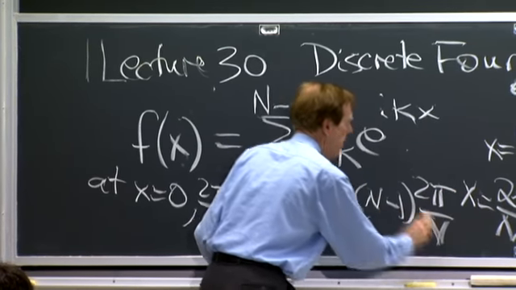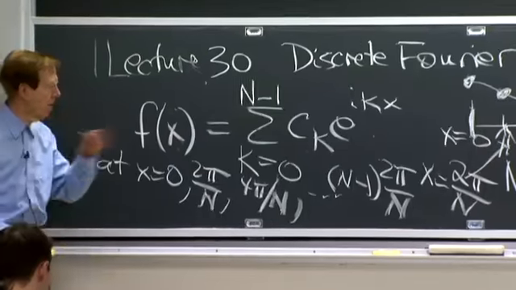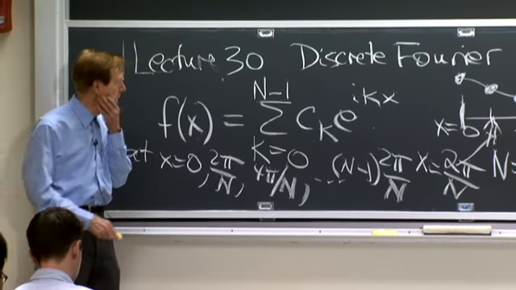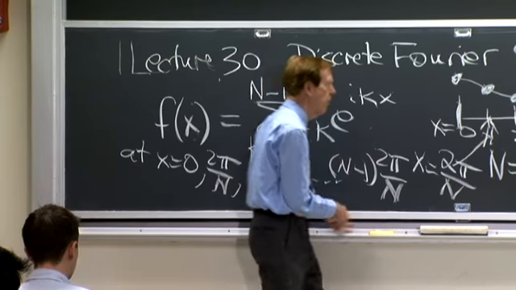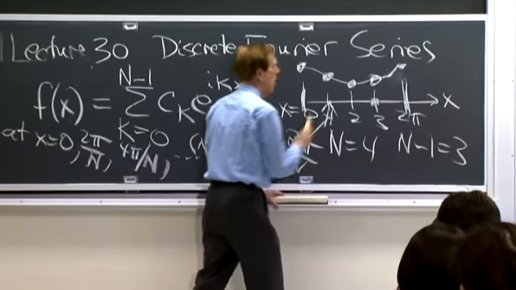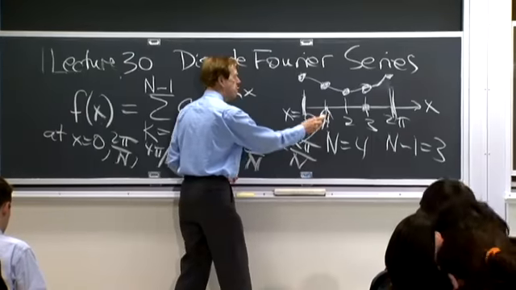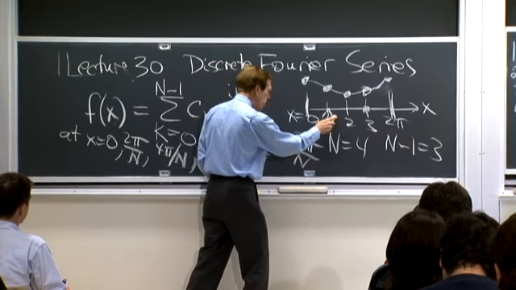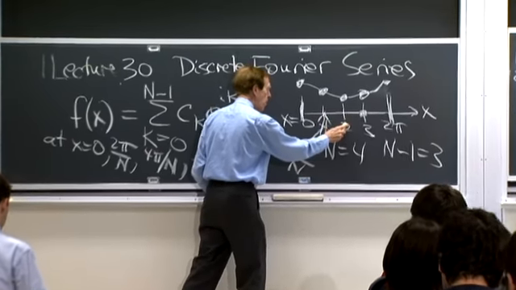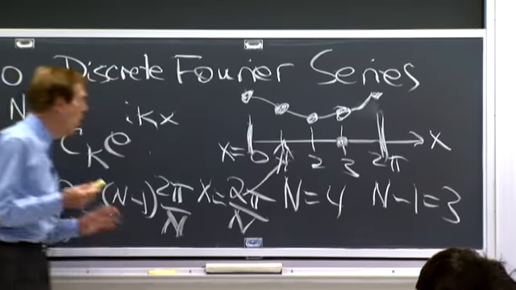That doesn't look elegant, so we'll probably avoid writing that again. But this was the 3 times 2 pi over 4 that got us to there. So this is 2 pi over 8, pi over 4, 2 pi over 4, 4 pi over 4, 6 pi over 4.